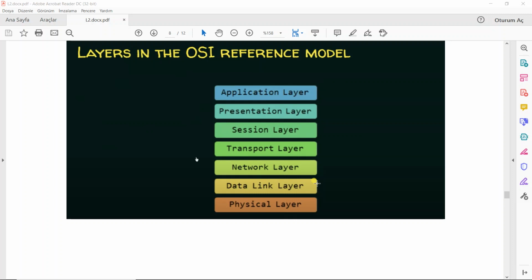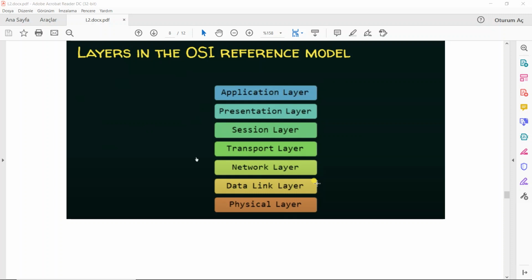But without layering, if you were just to replace your internet connection, instead of using Wi-Fi, you want to use 2G, yes, in your mobile phone, instead of using Wi-Fi, you replace it with 2G or 3G or 5G. What would happen? You would need to change all the layers, the network. It will be a mess.